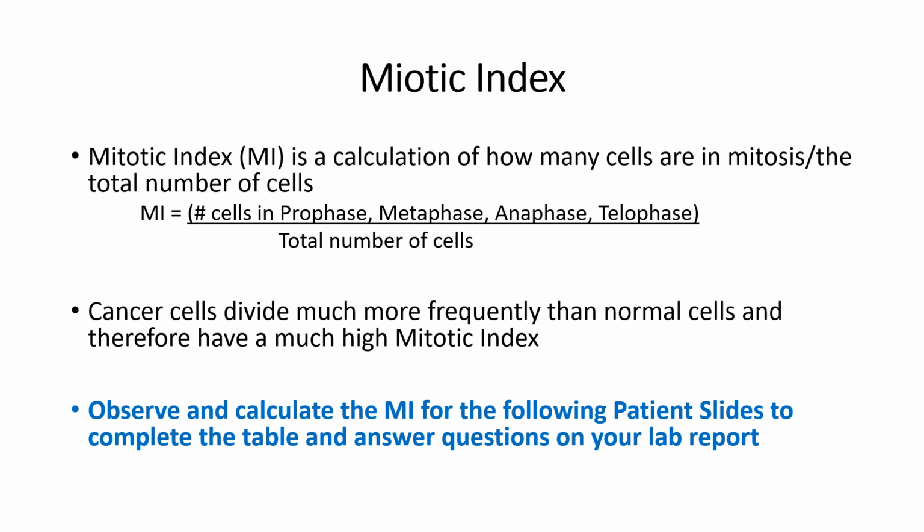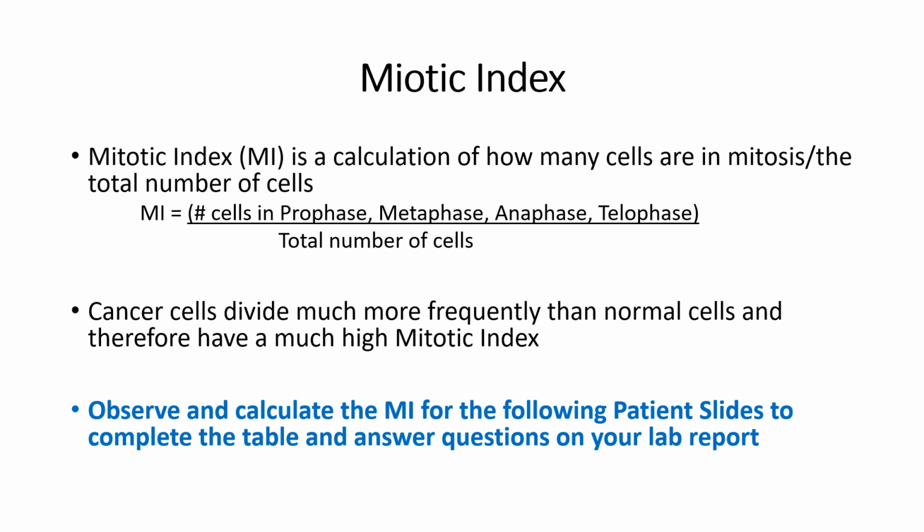You will notice that in the cancerous tissue, most of the cells are going to be rapidly dividing. So when you take a look at them, you're going to find a lot of the cells are going through mitosis. So the mitotic index of those cancer cells is going to be way higher compared to calculating the mitotic index of a normal cell.